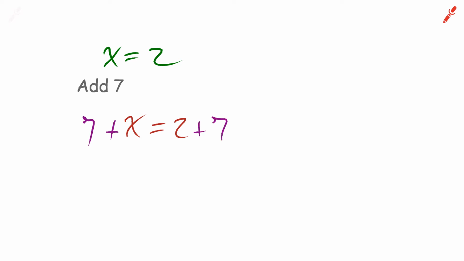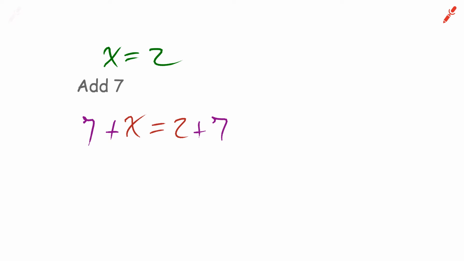Let's try another one. Again, we're going to follow the same instructions as the worksheet, so we're going to start with x equals 2. Down here I have x equals 2. I'm supposed to add 7 to both sides, so I put a plus 7 on this side, a plus 7 on this side, and I take a look. 7 plus x, they are not like terms. I cannot simplify that.